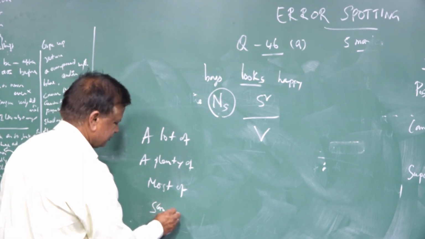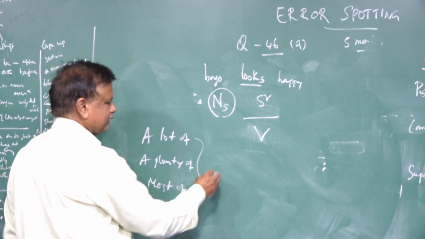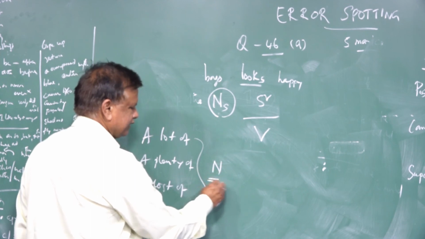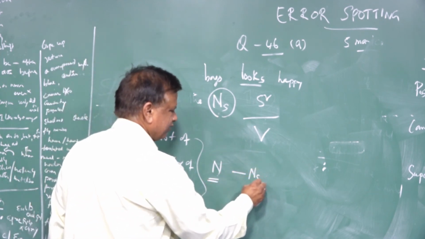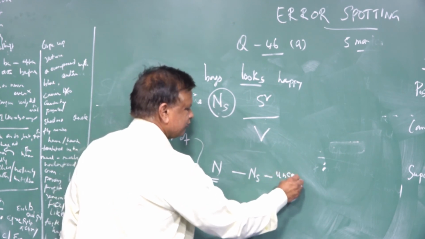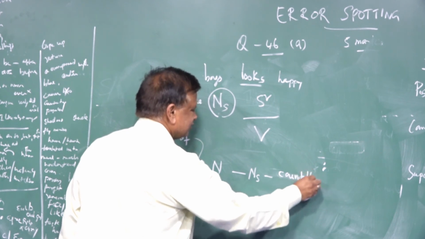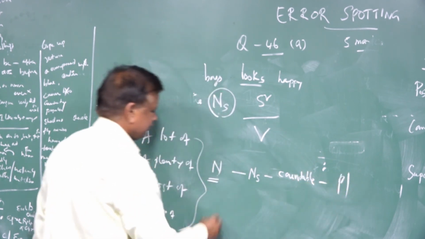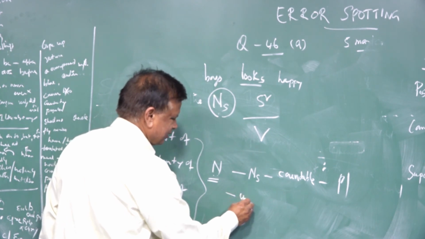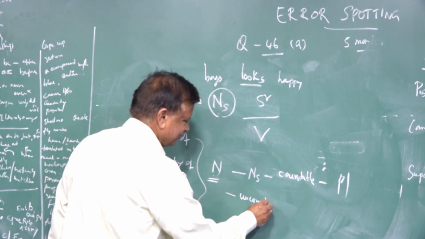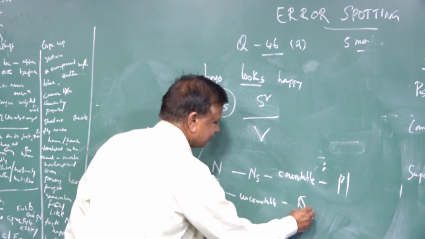When these things come, the noun that comes here, it will be plural when it is countable. When the noun here is uncountable, it takes the singular form.